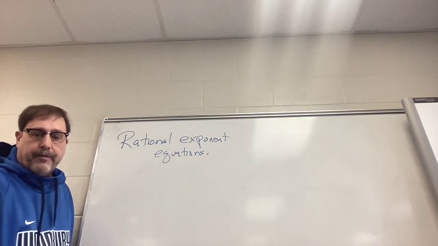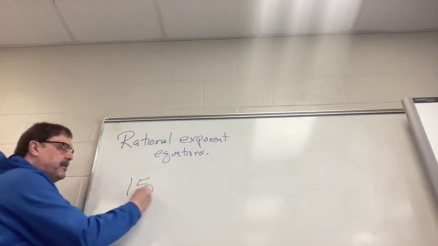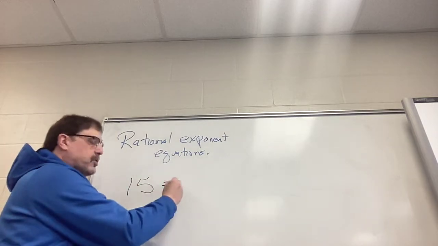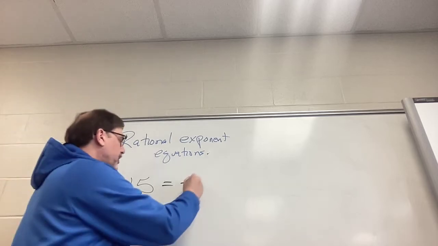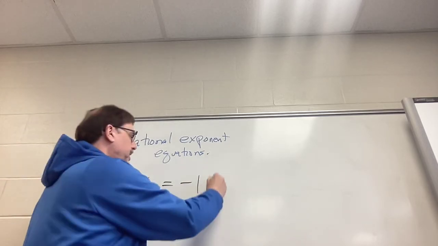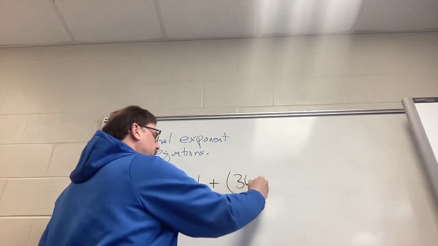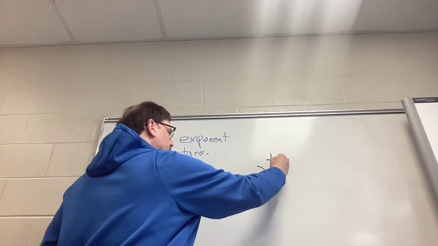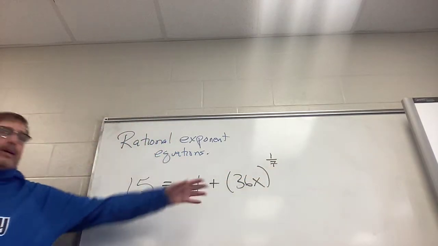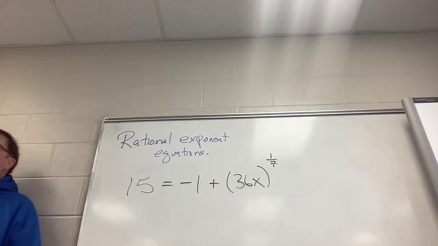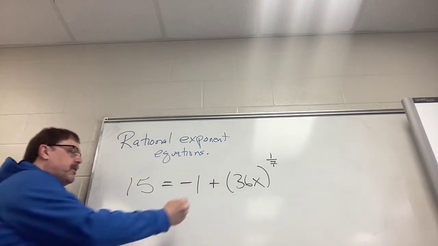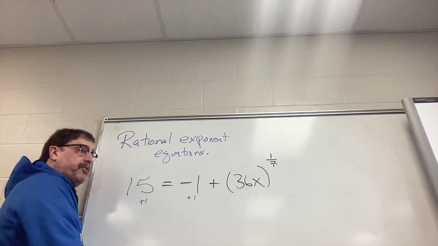Before you do a problem, and you do any of that squaring or the 5/4 power or whatever it happens to be, make sure you get the exponent-y thing as alone as possible. So add 1 to both sides.